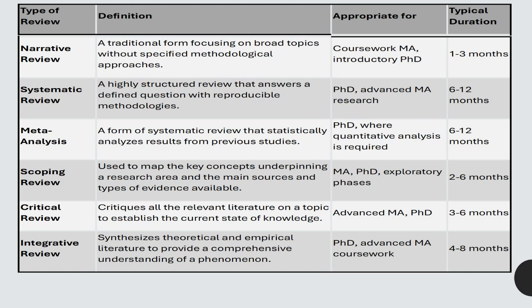So when I mentioned that I did a scoping review to see what support is suggested in literature for postgraduate students, I was just scoping the landscape to see what's out there and to map out the key concepts.